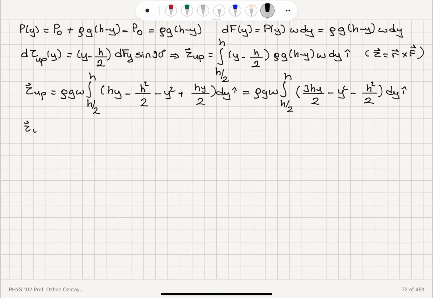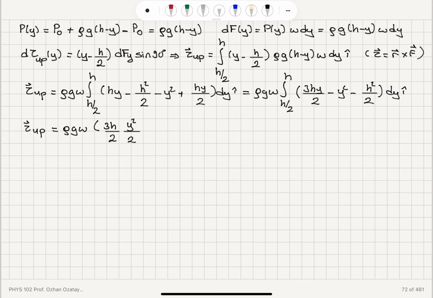The torque due to the upper portion is rho g w. If I perform this integration now, from the 3hy over 2 term, I will get y squared over 2. So this will be 3h over 2 multiplied with y squared over 2.